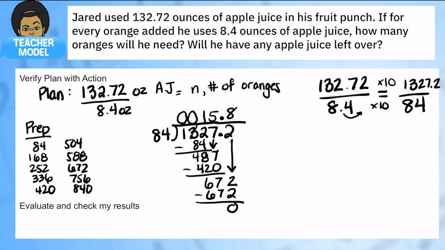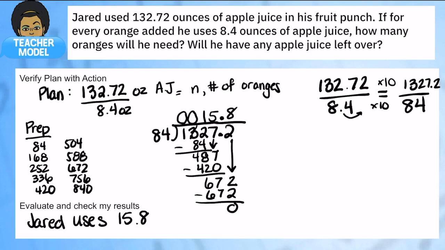And let's put that in context. Write a full sentence: Jared uses 15 and 8/10 oranges to make fruit punch. Now, does that make sense? Let's think about this, Math Marvels. Can I just use 15 and 8/10 oranges?